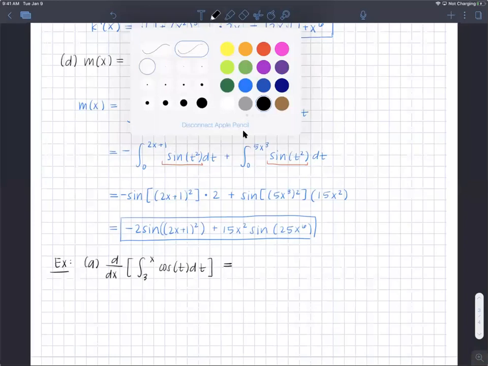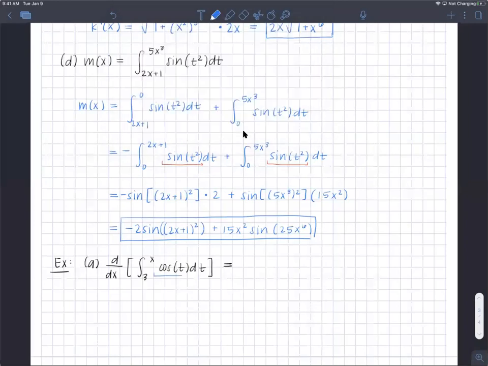Right, so if this is f of t, so cosine of t, and then the derivative of this is just f of x, then what am I going to have here? Cosine of what? Yeah, just x.